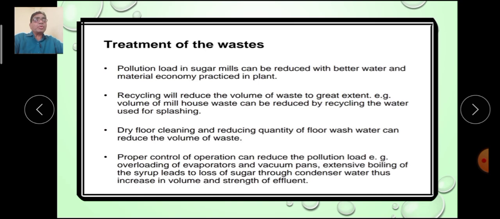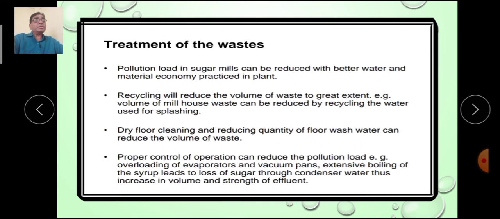Proper control of operation can reduce the pollution load. For example, overloading of evaporators and vacuum fans, extensive boiling, that is, don't overload the evaporators and vacuum fans. Extension of boiling the syrup leads to the loss of sugar.